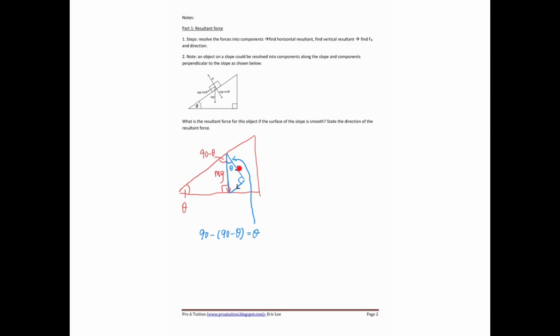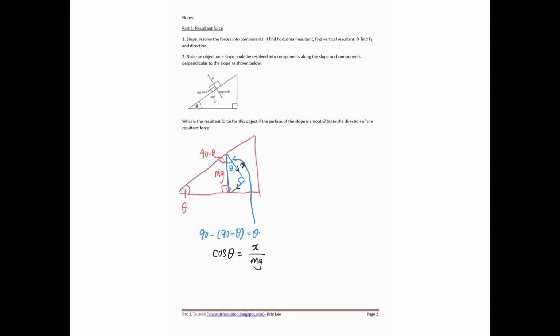Perpendicular to the inclined plane is where we consider adjacent over hypotenuse, so we make use of cos. So cos theta equals adjacent, let's say I call it x, over mg.